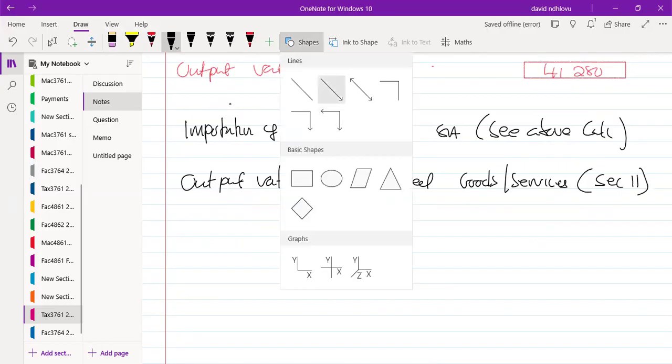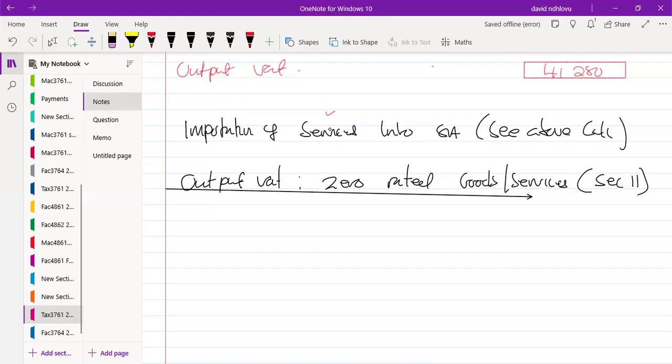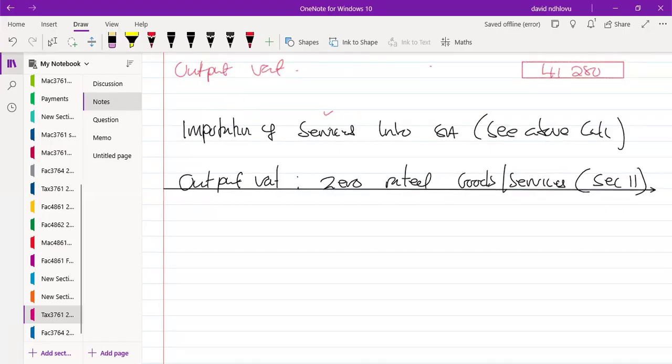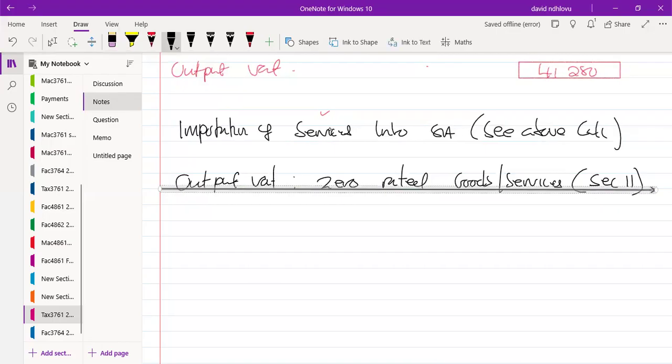There is a list that says these things are zero rated. Now remember, a zero rating is a taxable supply. It is a taxable supply, but the VAT is charged at 0%.